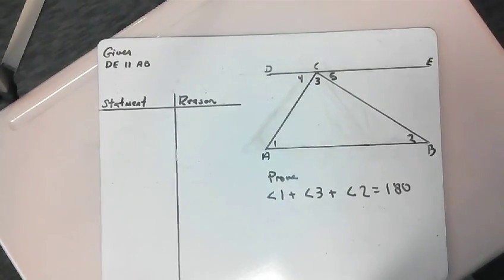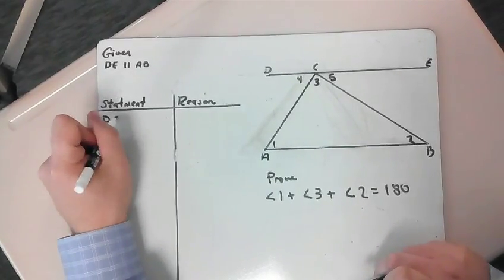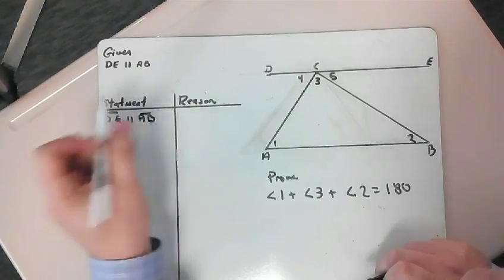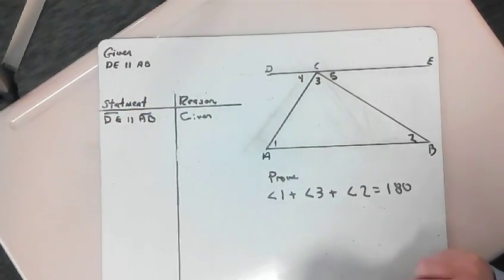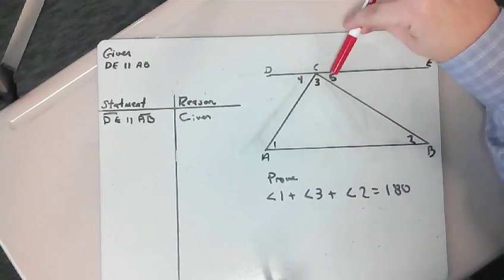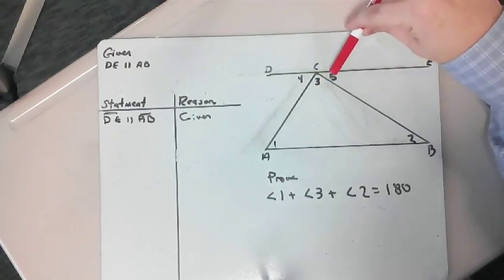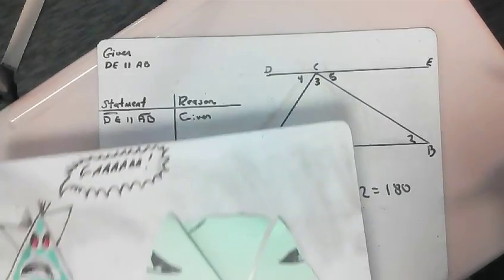So let's start with this. The given, we're going to write that down first. Notice this time I'm not marking stuff off first, and there's a reason for that. At first glance, these angles here, 4, 3, and 5, look very similar to the three pieces of paper that we made.